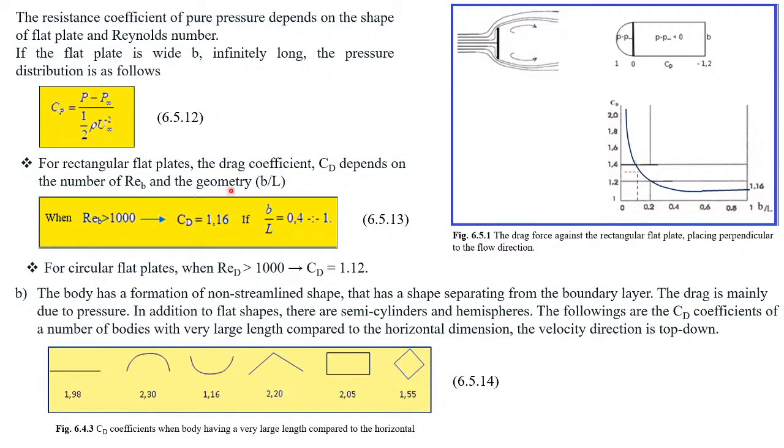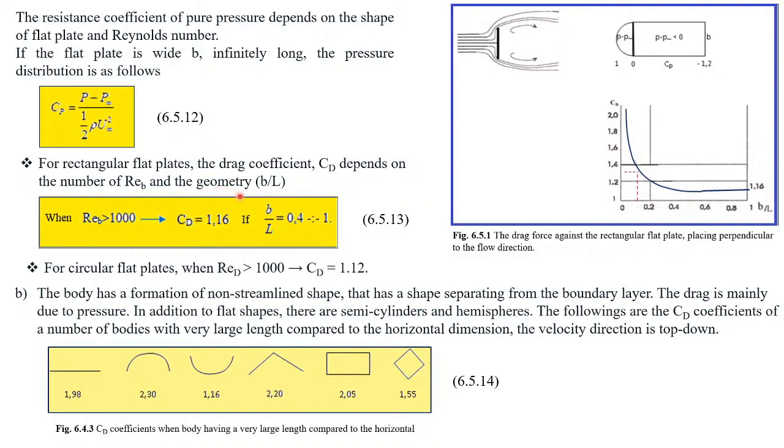When we have a rectangular flat plate with the height B and the length L, we can find CD depending on the Reynolds number Reynolds B, that means the Reynolds number computed by B. That means Reynolds B equals V multiplied by B divided by nu.